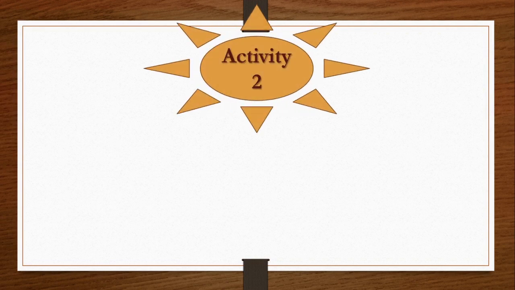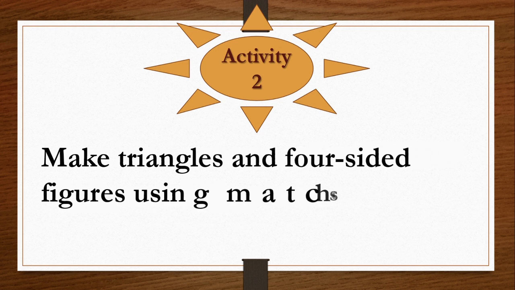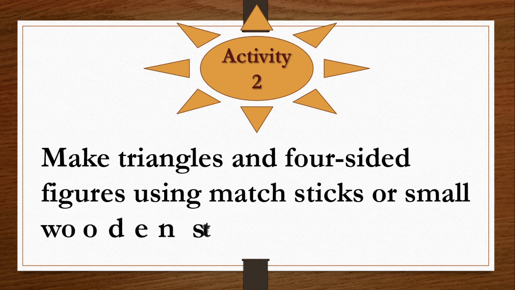Activity number 2. What do we have to do here? Make triangles and four-sided figures using matchsticks or small wooden strips. We have to make the shapes of triangles and four-sided figures using matchsticks.